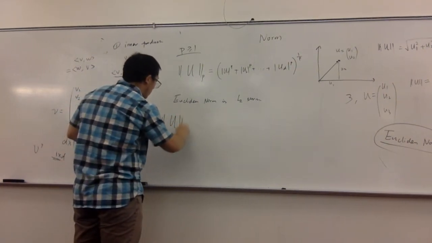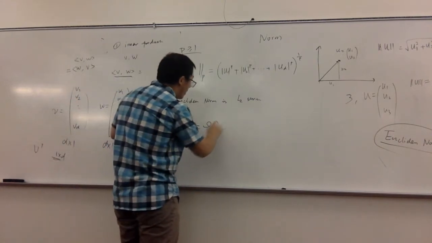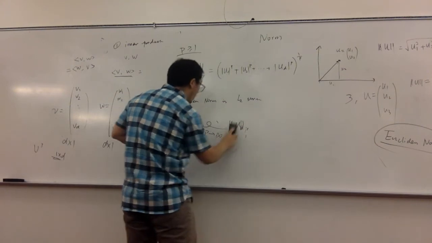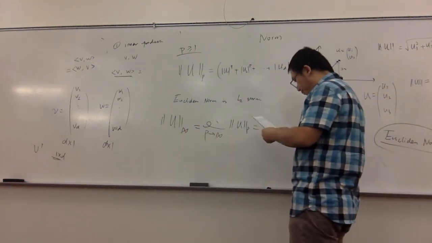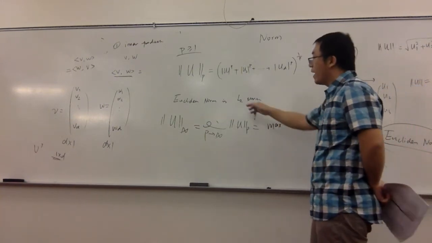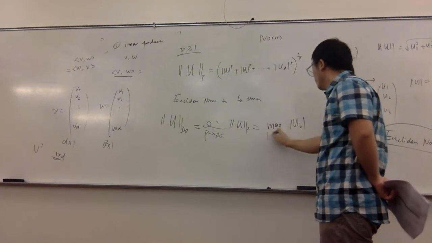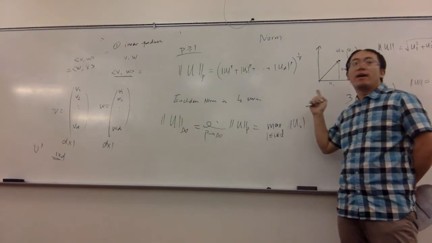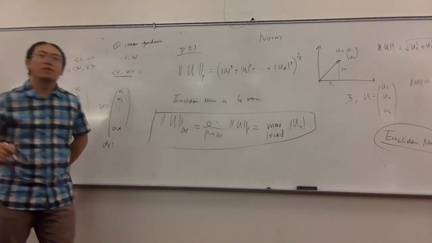That is denoted by U infinity. It's actually the limit when P approaches infinity of the LP norm of U. And it turns out to be the maximum absolute value of the elements in U. So the infinity norm is the maximum absolute value among all the elements in U. I will leave the proof of this as your exercise.